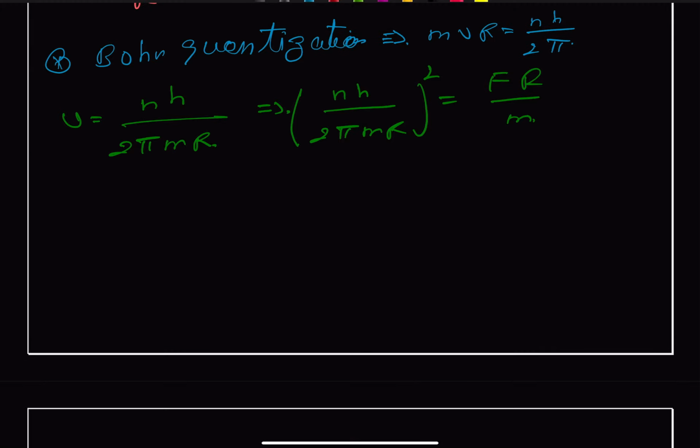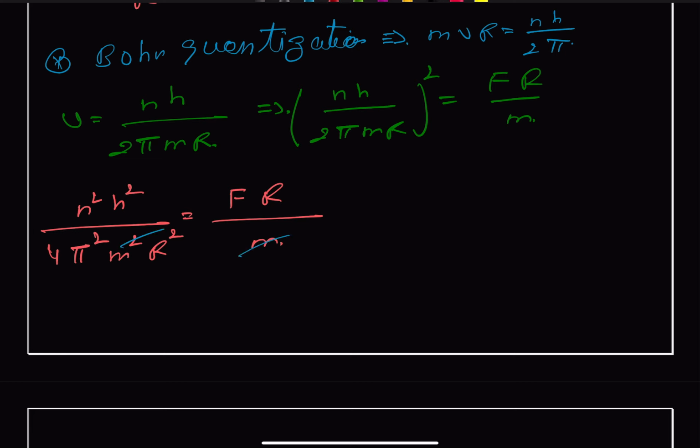So we just open the square, we get n square h square upon 4 pi square m square r square is equal to Fr upon m, and here this m goes with the square, and from here we can write that our radius, which will be coming as cube, so our r cube is equal to n square h square upon 4 pi square m times F.